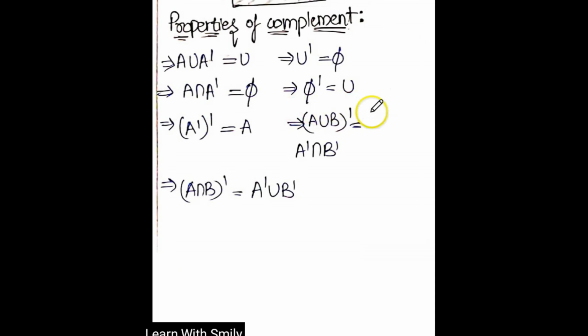And phi dash is U. The opposite of the empty set is the universal set, and the complement of A complement is A. A union B whole complement is A complement intersection B complement. It will be very easy for you to remember these properties if you have gone through MFCS Unit 1, and the links will be given in the description below.